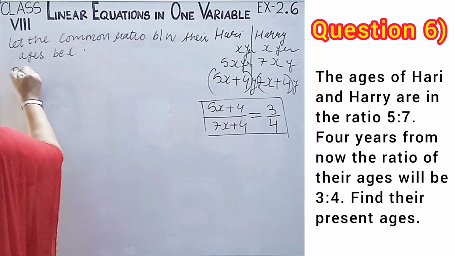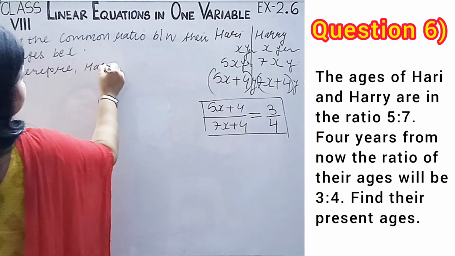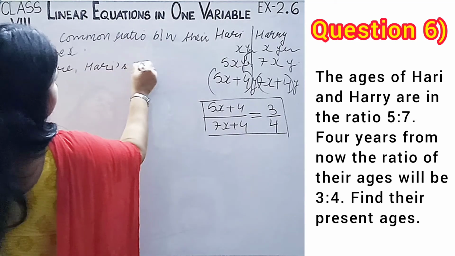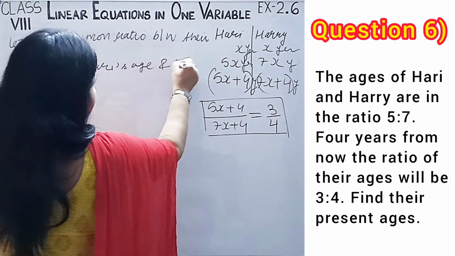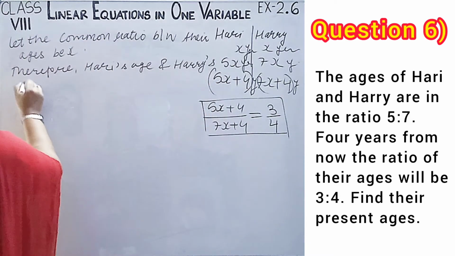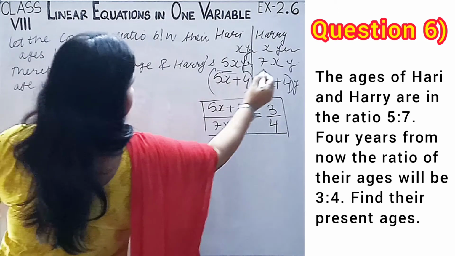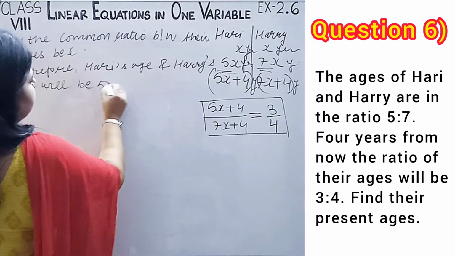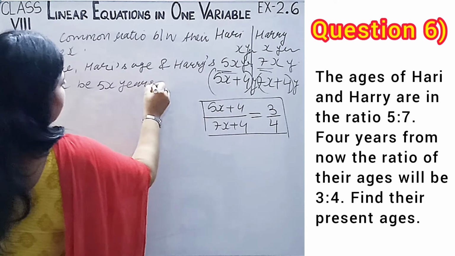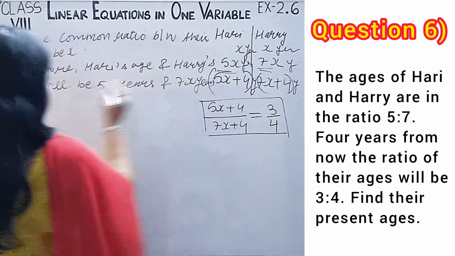Therefore, Hari's age and Harry's age will be, as we have discussed, 5x and 7x. So 5x years and 7x years respectively.